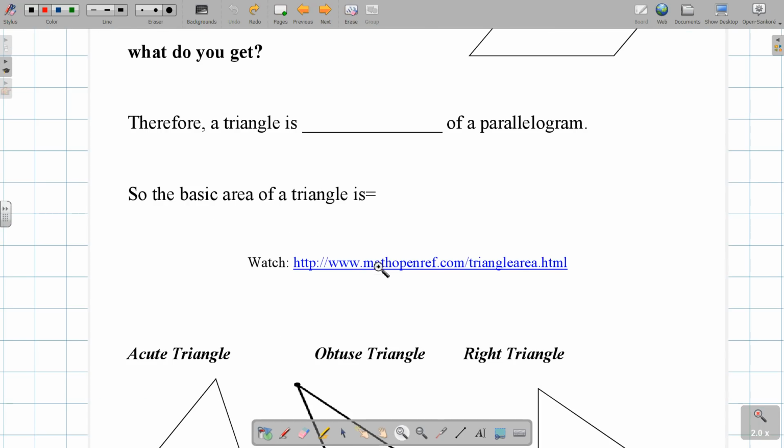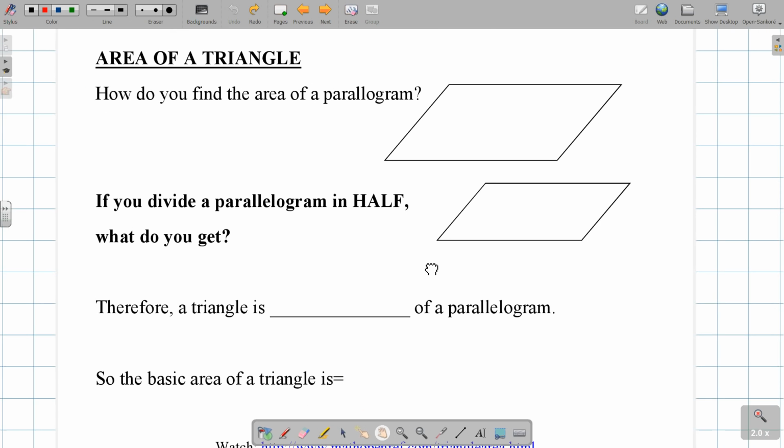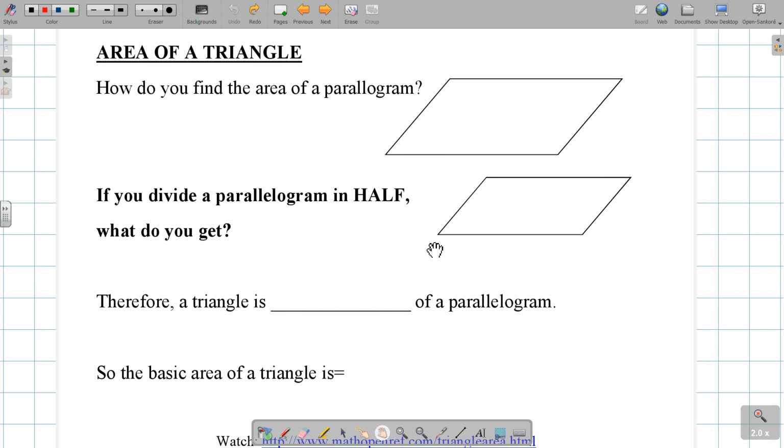All right, now we're going to do area of triangles because you're going to need that for the next section. Remember, area of a parallelogram is basically base times height. Let's write that down. Go ahead and divide that parallelogram in half.